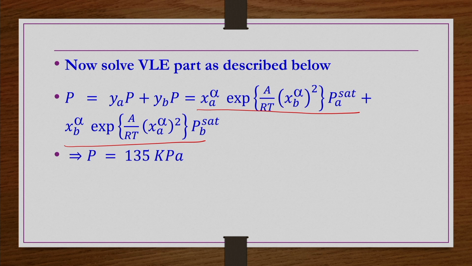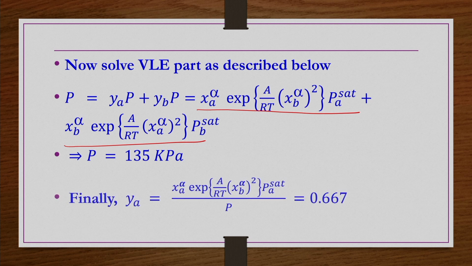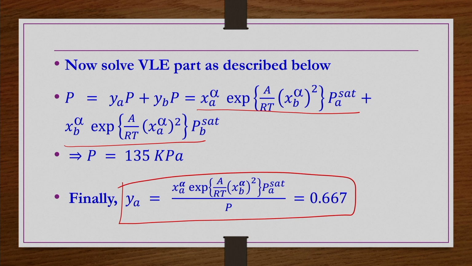Then you will get P is equal to 135 kilopascals, and YA is nothing but XA alpha exponential of A by RT, XB alpha whole square, PA sat by P, which is equal to 0.667.